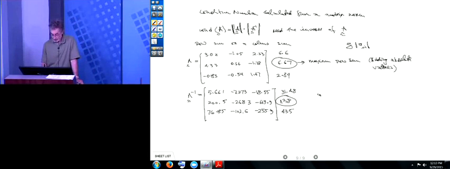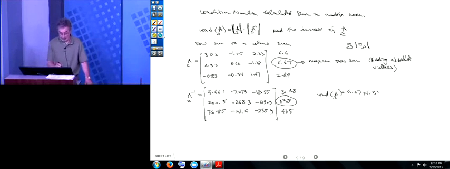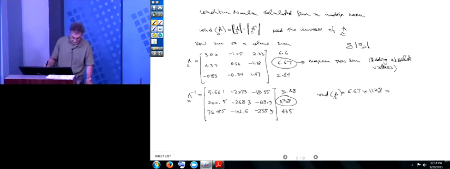So then the condition number would be equal to 6.67 times 1138, which is equal to about 7595.